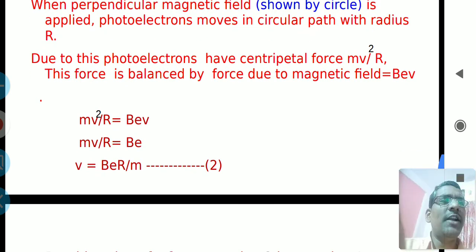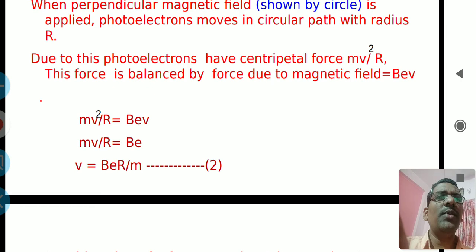So the centripetal force is equal to the magnetic force, that is mv square by capital R is equal to capital B e v. The v gets cancelled on the left hand side and the right hand side, so that mv by R is equal to capital B into e.